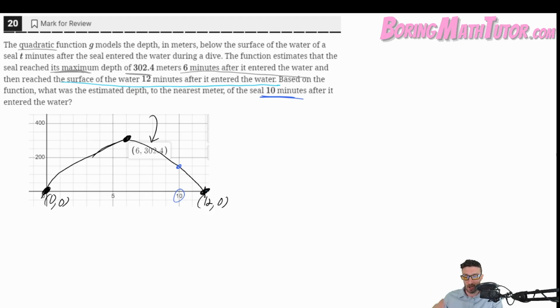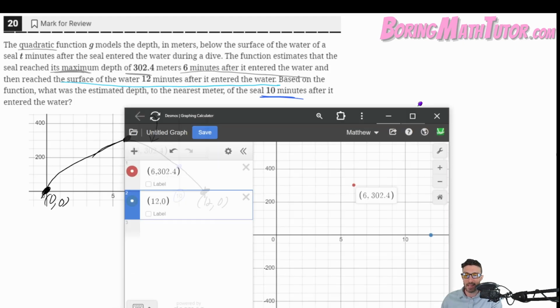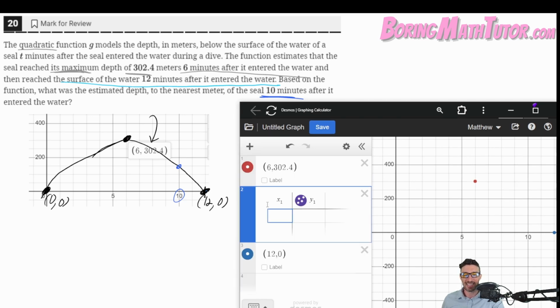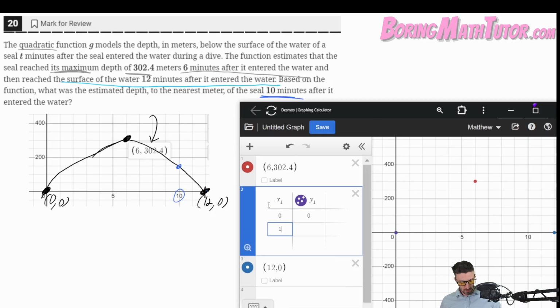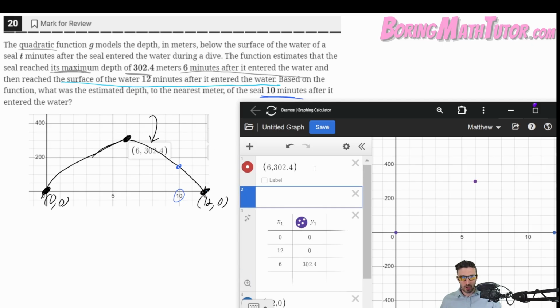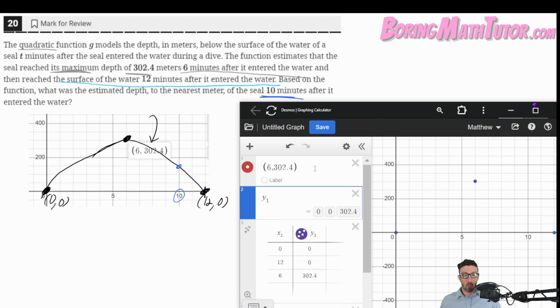Okay, now here comes the Desmos magic. Are y'all ready for it? We need to start by making a table where we go 0, 0, 12, 0, and also 6, 302.4. Okay, now we're going to make one more line in Desmos, and we're going to put y1 and then the squiggly symbol next to 1 on your keyboard.